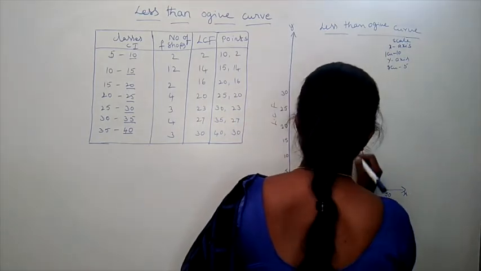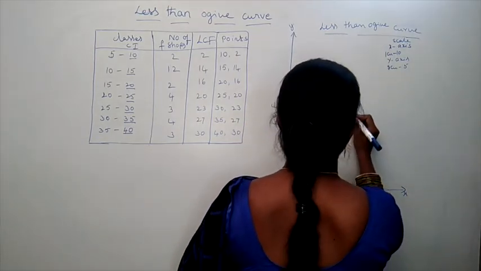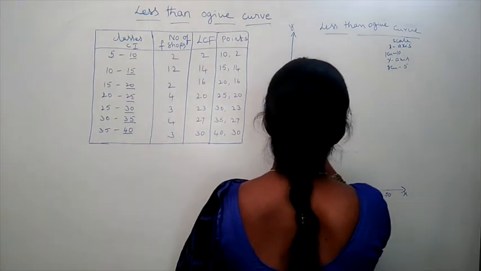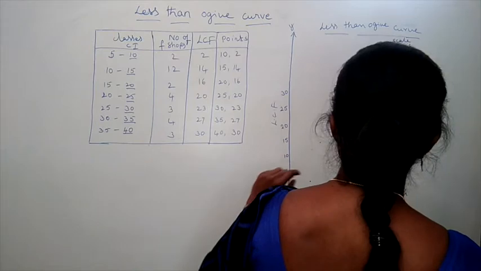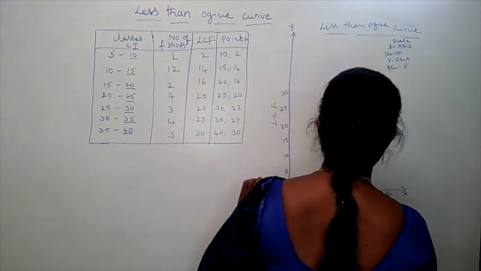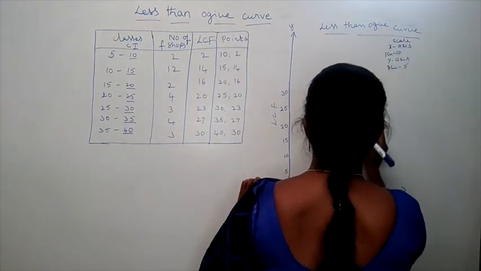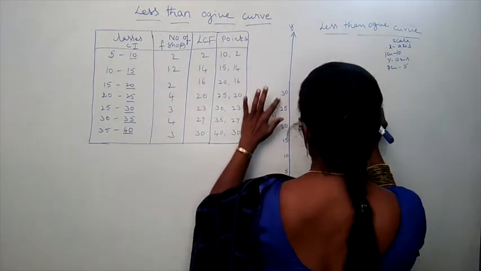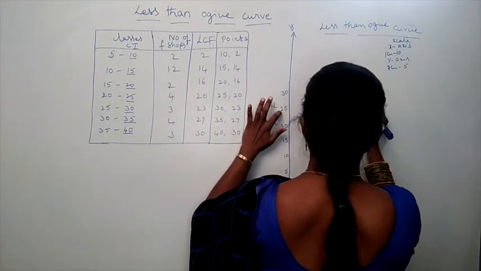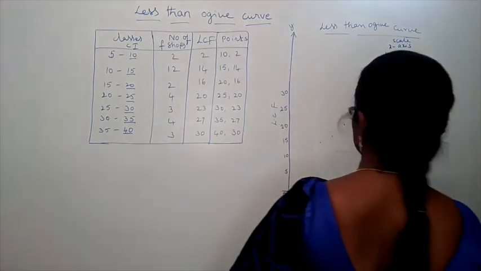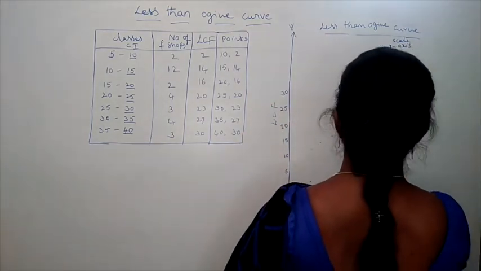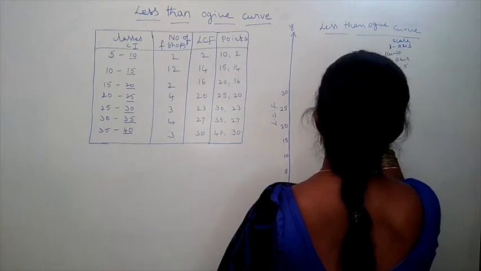Now, 30 between 25, 20. Next, 35, 27 means 30, 40 middle, and 27 between 20, 30. Next, 40, 30.